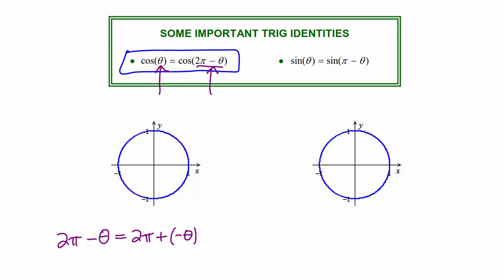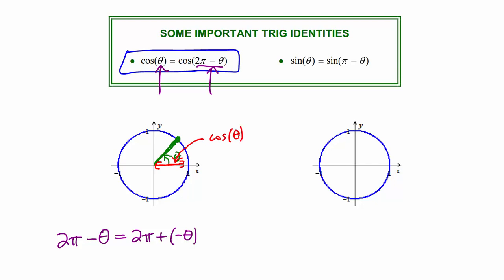So if we call theta some first quadrant angle, say there's theta and it terminates here. And then that of course would mean that this distance, this red distance here, is cosine of theta.